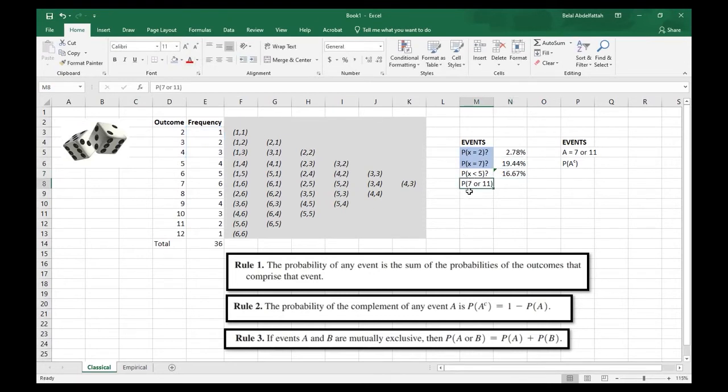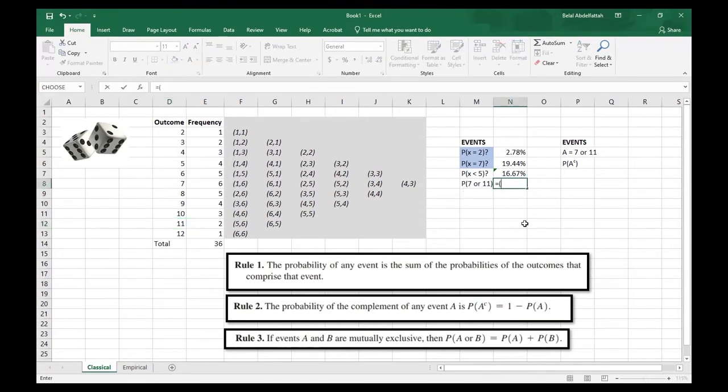Now here we have the probability of us landing a total of 7 or a total of 11. So this one requires us to focus on outcome 7 and outcome 11. So we would get the probability here, and we would get the probability here, and we would sum them up together. And that would get our probability for the event of us landing a total of 7 or 11 as we roll that pair of dice.